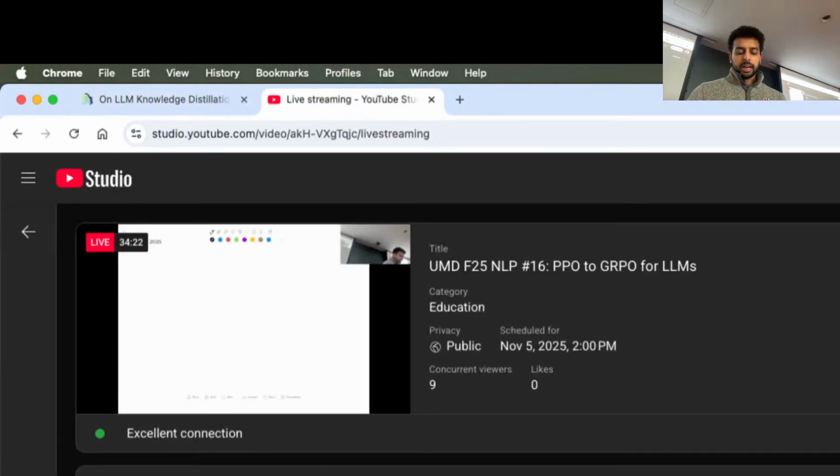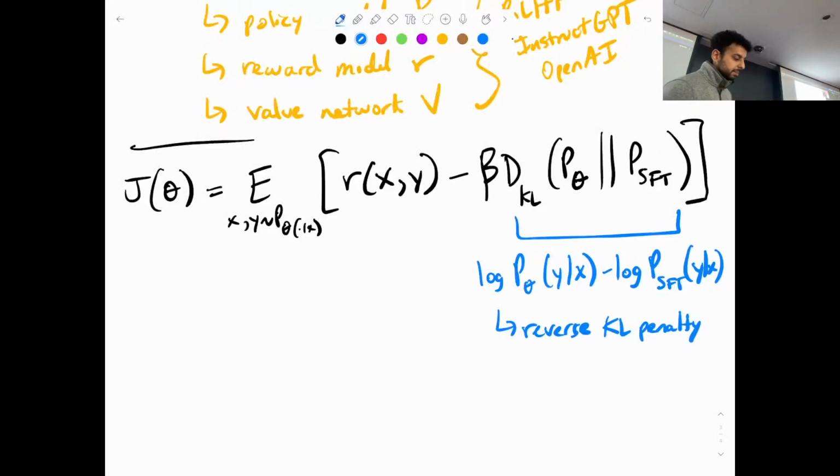And so the reverse KL is used for that reason, but as I mentioned in the last class, there are many people who have tried both forward, reverse, and different approximations, and have found very conflicting results. Actually, there was a new paper that came out last week that essentially said that both of them are not ideal, and here's a new thing that you should do to make this better.